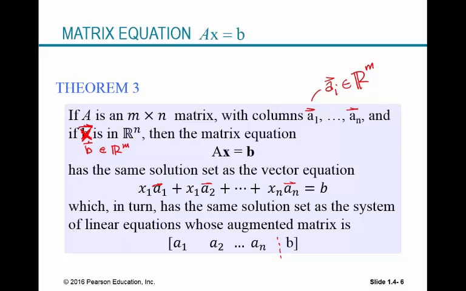So X should be in Rn, and B should be in Rm. Because B has to have the same number of components as the column vectors. Okay?